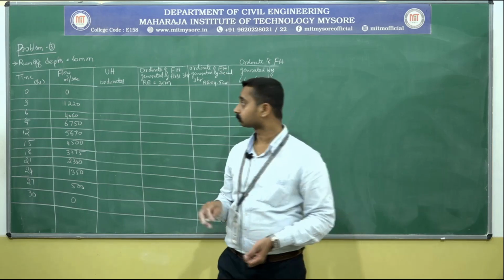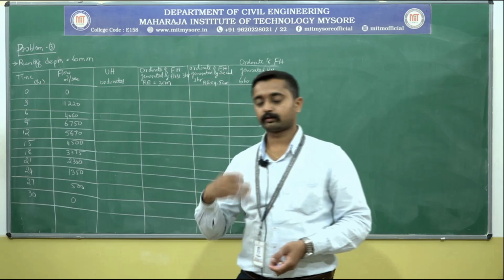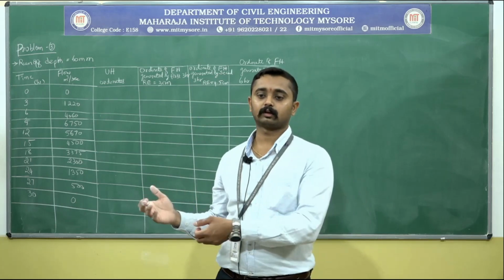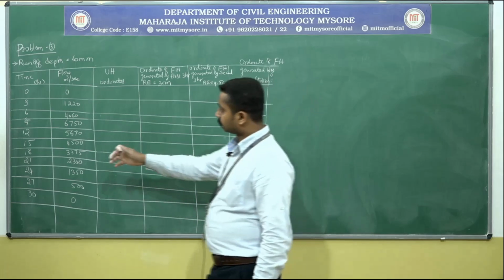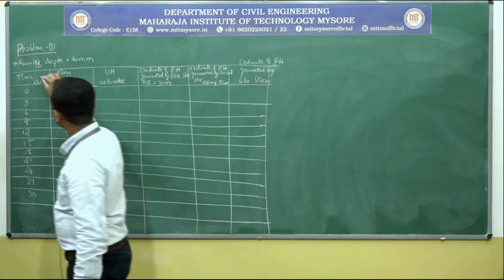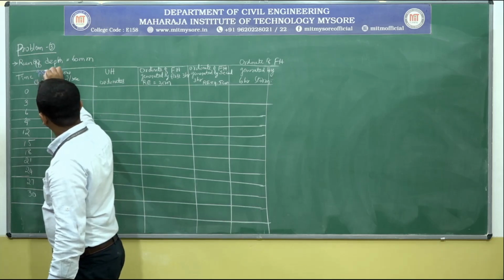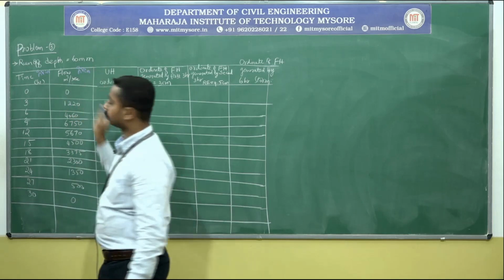Now listen, in this problem compared to the previous two problems, this is a kind of different one. Okay, here time is given. Okay, this is given data. This is given and also this is given. Flow is given.